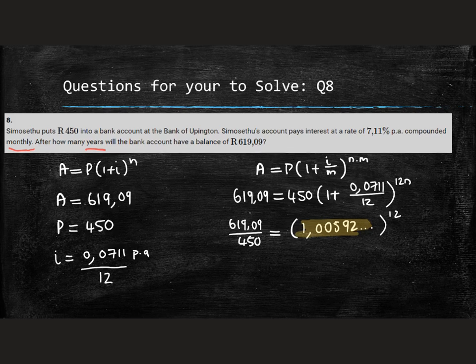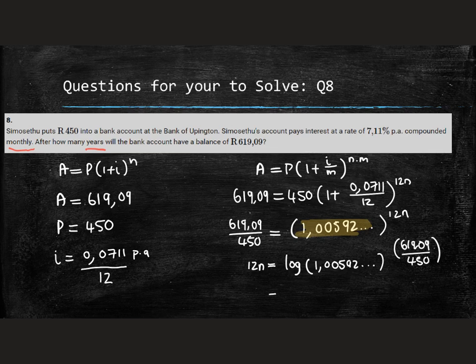What's going to happen now is we're going to convert from exponential form. Oops, I left out an n. We're going to convert from exponential form to log form. So we know that 12n is equal to log of this whole long number, which you should have stored somewhere in your calculator, and then the quotient, which is 619.09 over 450.